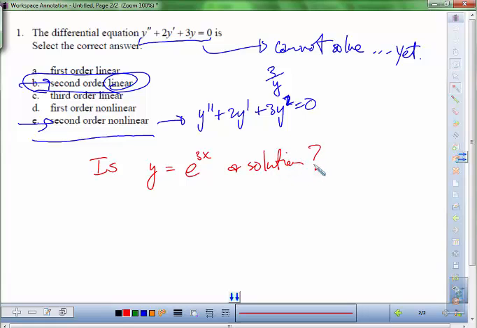Is this a solution to the differential equation? What would you do?